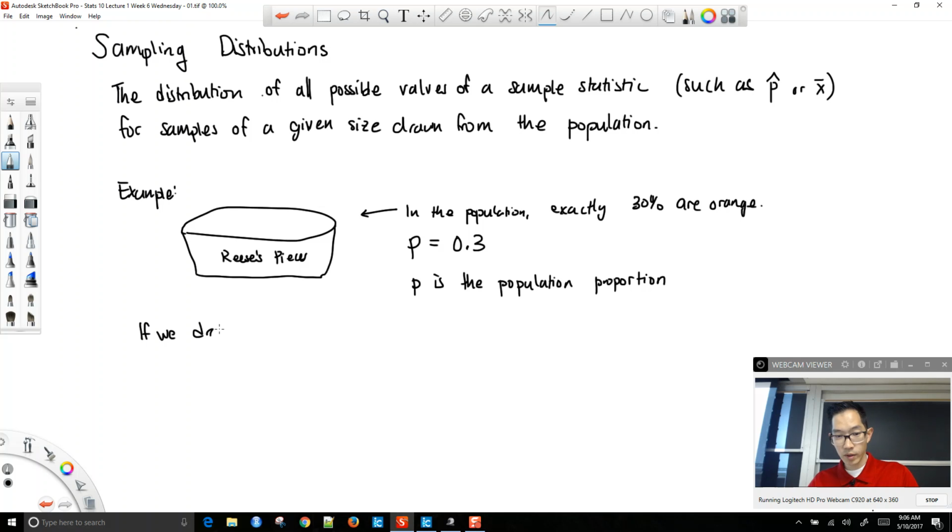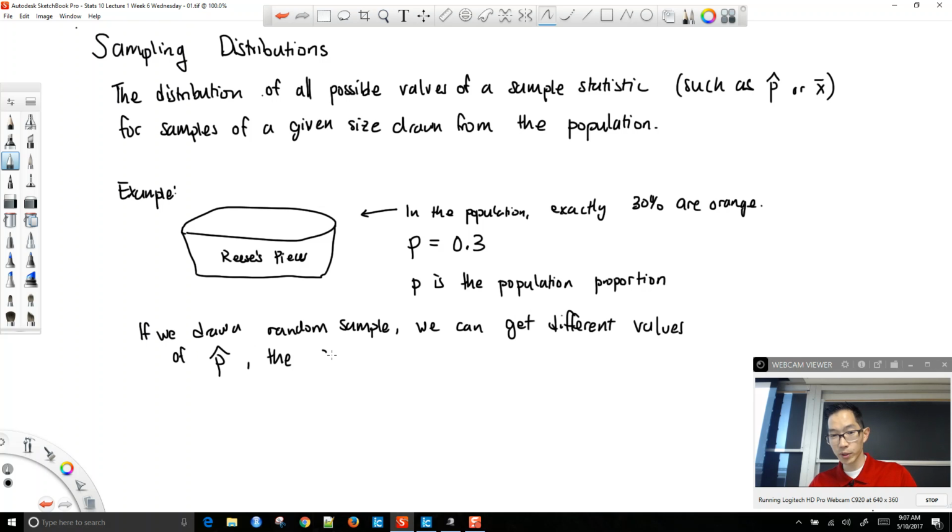We draw a random sample, and we get different values of p hat, the sample proportion. Okay, and what is the distribution of all of the p hat values we can see?